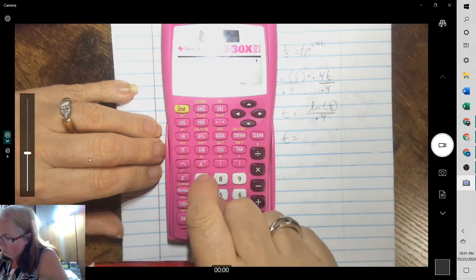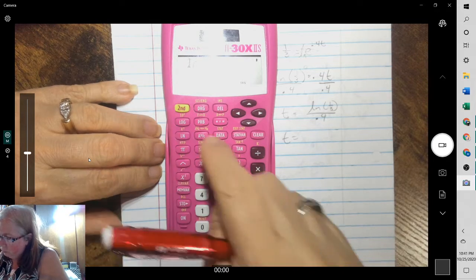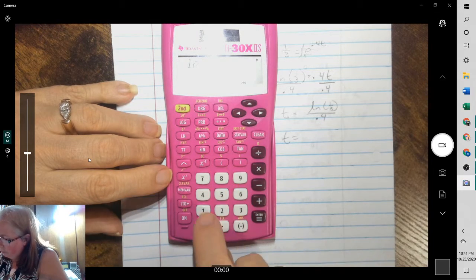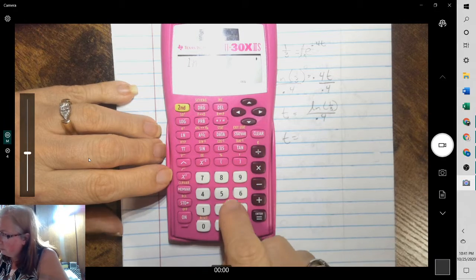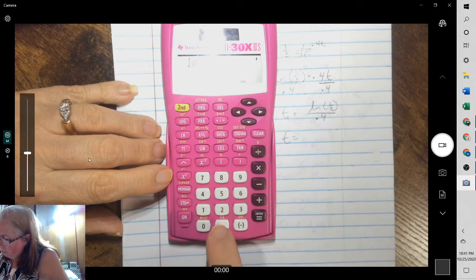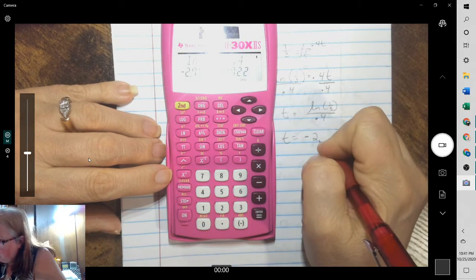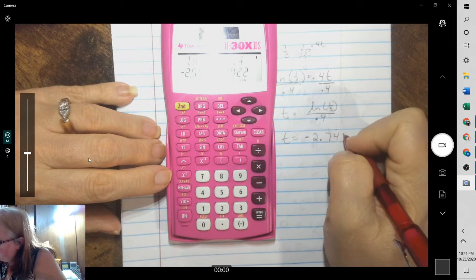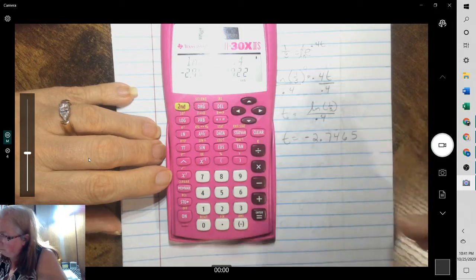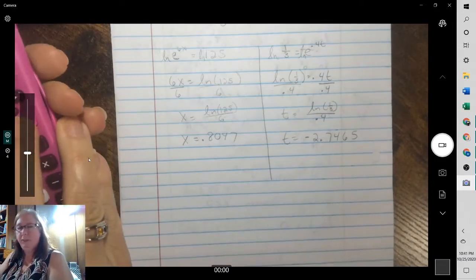So the natural log, 1/3 divided by 0.4. Negative 2.7465, depending on how many places you need to go.